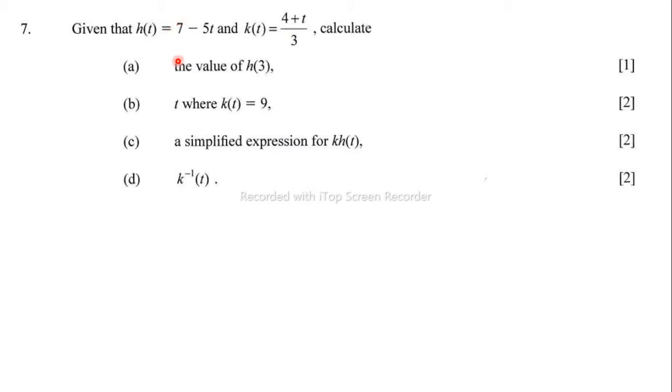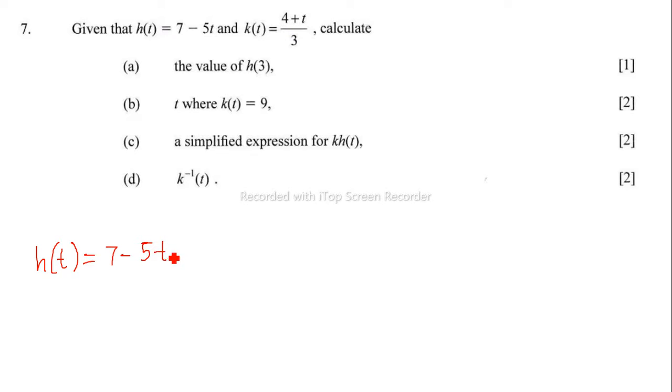Okay, now I give you all a big hint. What is the slope? Minus 5, sorry. So the function is h of t equal to 7 minus 5t.